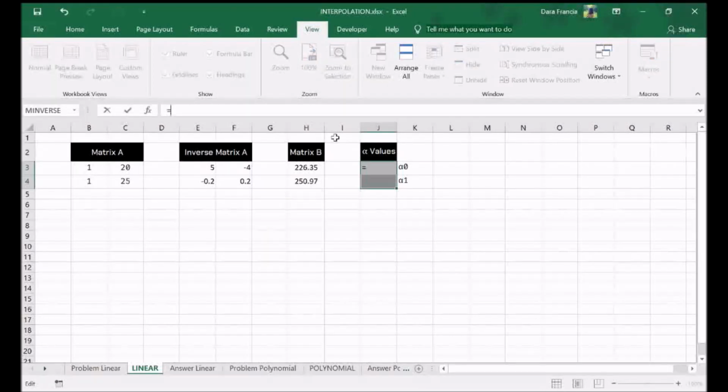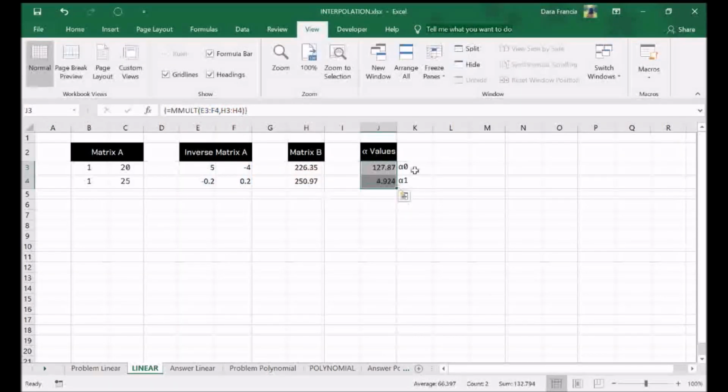Put in the formula bar equals MMULT, which means matrix multiply. Click it and choose our first array, the inverse matrix A. Just copy it, press comma, and then copy our second matrix. Close it with the parenthesis, hold Shift, hold Control, and press Enter.